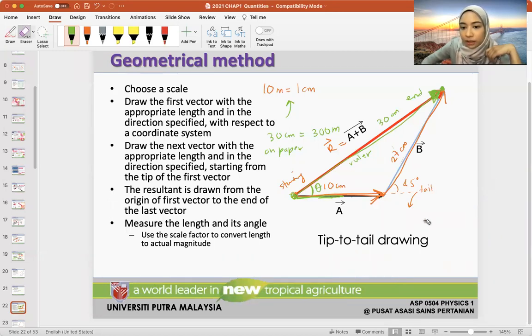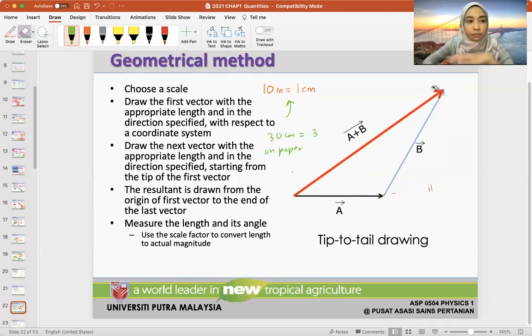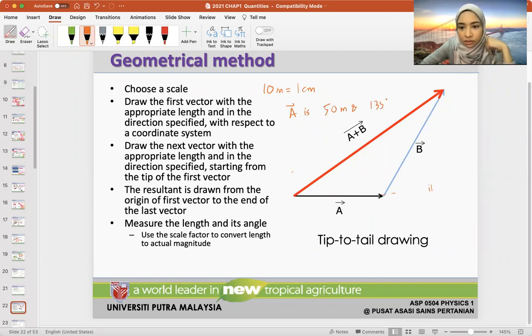Let's say your A vector arah lain. Kita buat contoh. So still A and B vector, but now the A vector is... kita buat soalan dulu. Kita akan pakai scale yang sama, kita tukar soalan sikit. So let's say A vector is 50 meter and angle dia 135 degrees.